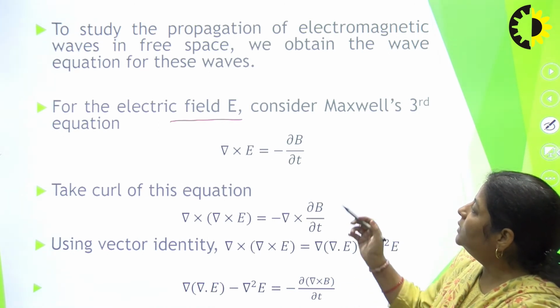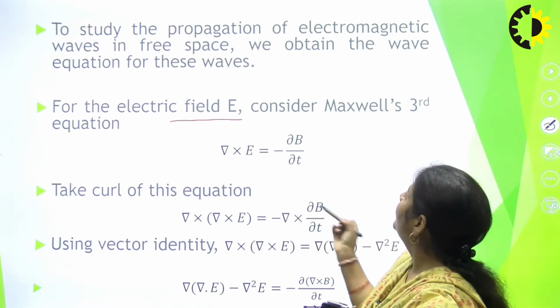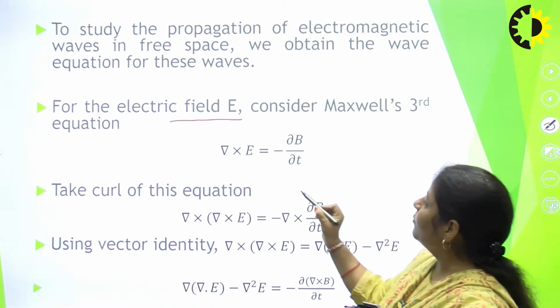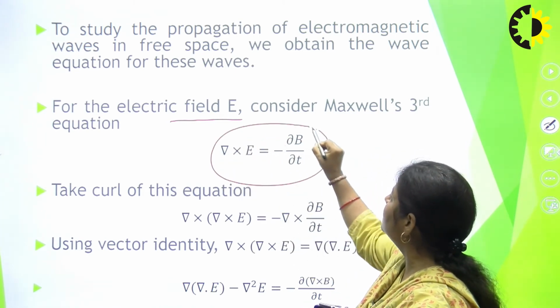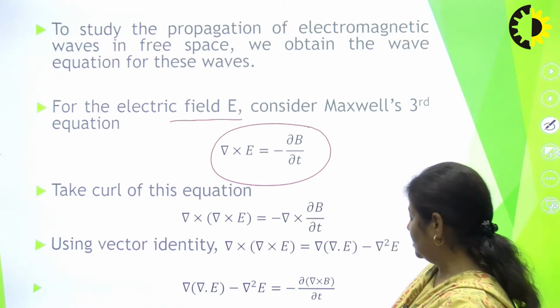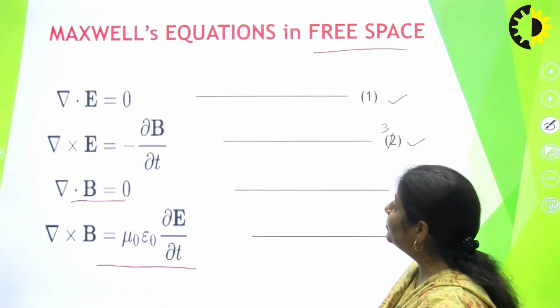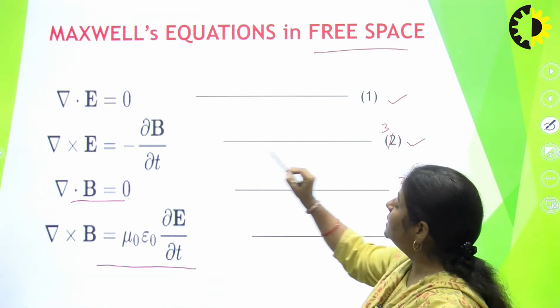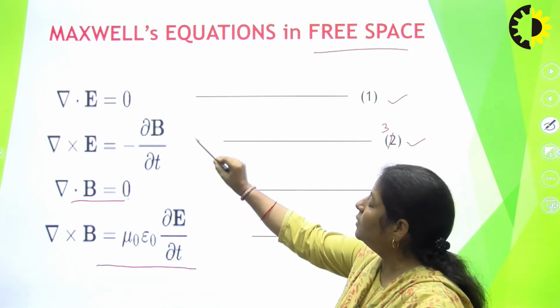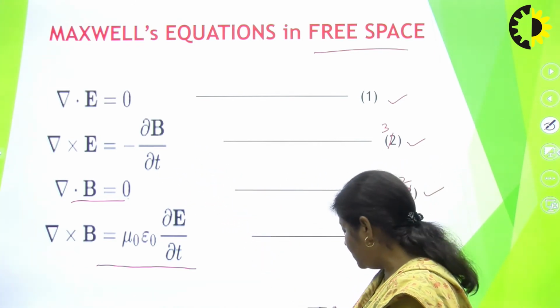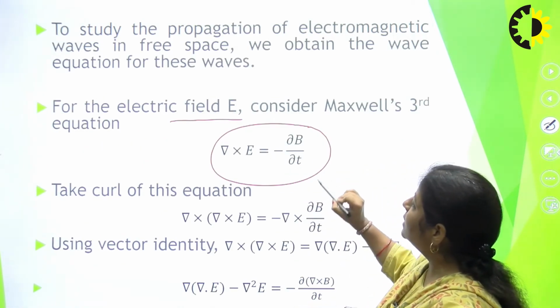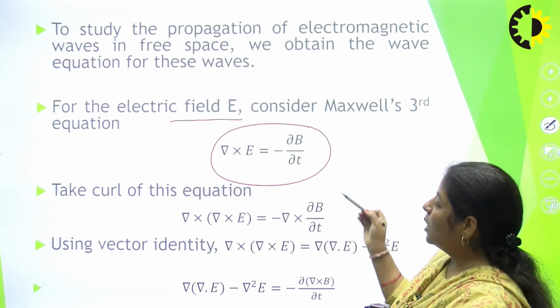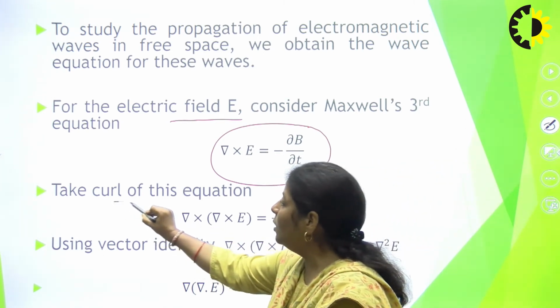All right. We start our study with the electric field, and we start our discussion with Maxwell's third equation. I hope all of you remember it: curl of E is equal to minus del B by del t. So we have chosen this equation as the starting point. Now we take the curl of this equation.